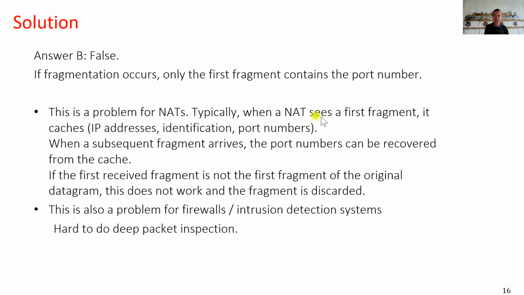And when a NAT sees a first fragment, it must not only remember the IP address and the port number, but the identification number. So when a subsequent fragment arrives, the port number is lost, but the identification and IP addresses that are contained in the IP header can be used to recover the port number. So that is one more of the little tricks that a NAT must do.